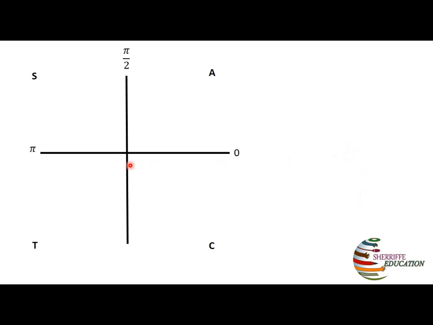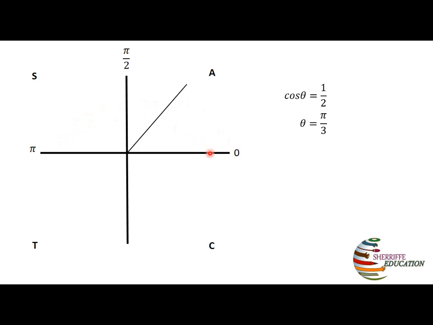Now, we got theta to be equal to pi by 3, and that angle would fall in the first quadrant. Remember, negative pi to pi, so we can look at 0 to pi first. So 0 to pi, that would mean we're taking into consideration these two quadrants. Remember, the positive direction is the anti-clockwise direction.